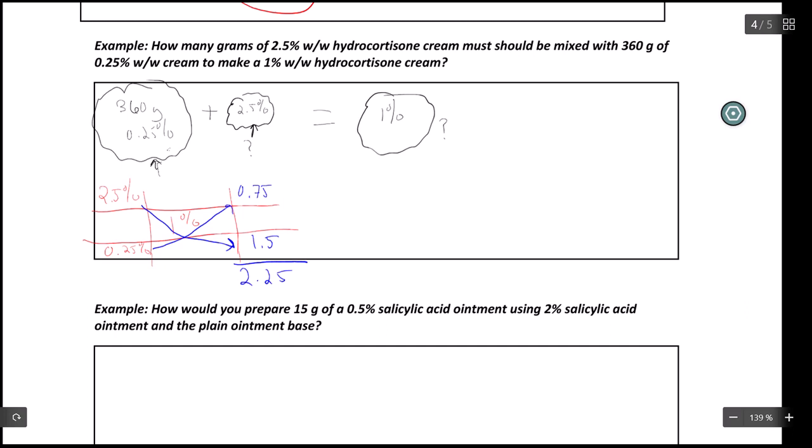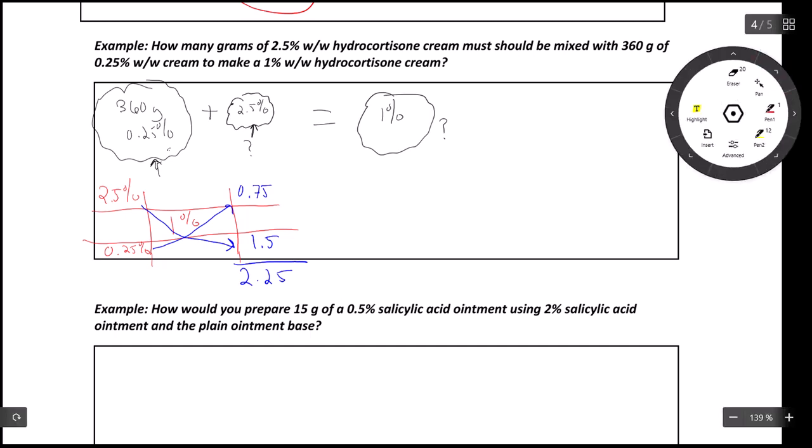All right. So keep in mind that, like I said, sometimes we don't use all the information in this column. Let's look at what the question is asking us and see what we need. We're reading this across. It's saying that we need 0.75 parts of the 2.5 every time we have 1.5 parts of the 0.25. Or if we don't like the word parts because it sounds scary, we say grams.